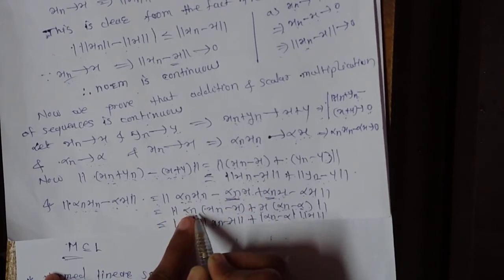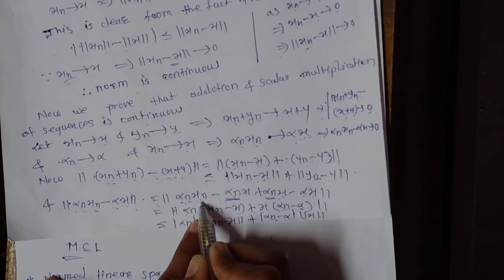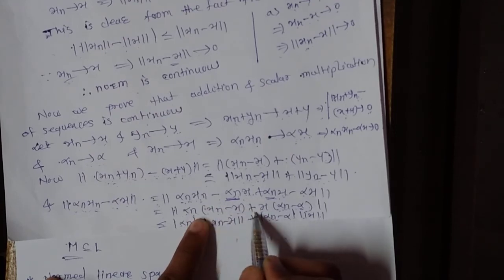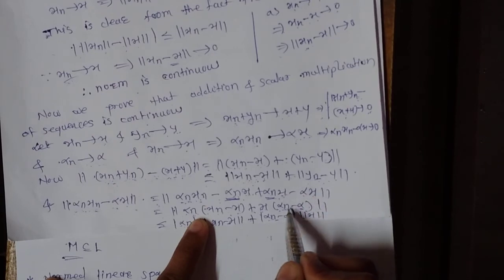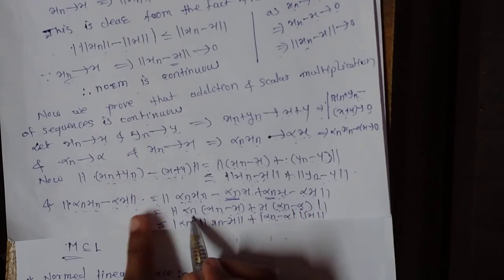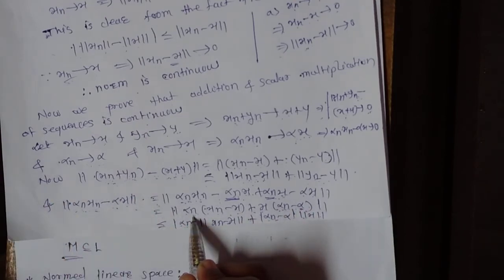This equals the norm of alpha n common from these two terms: alpha n into the bracket xn minus x, plus x common, so that is alpha n minus alpha. Alpha n is a constant, that is a scalar.